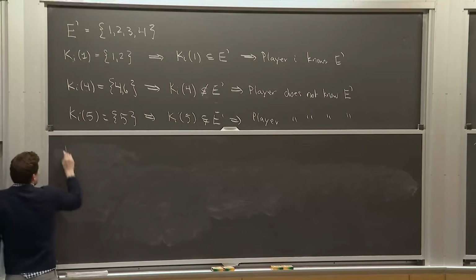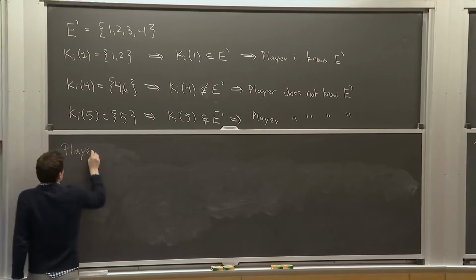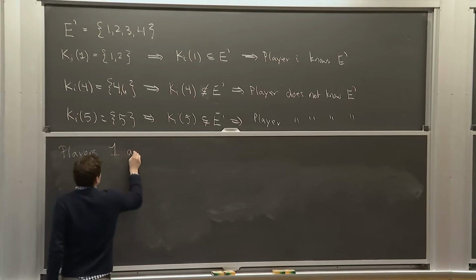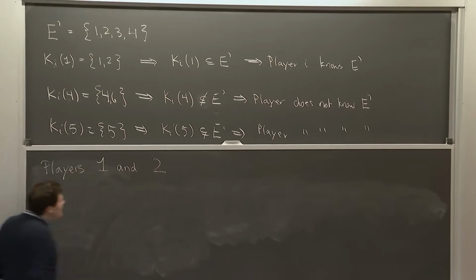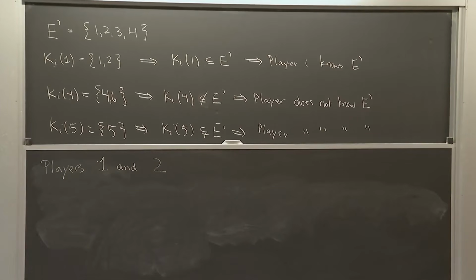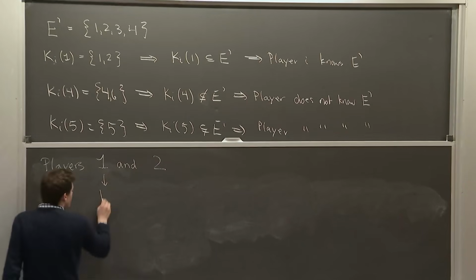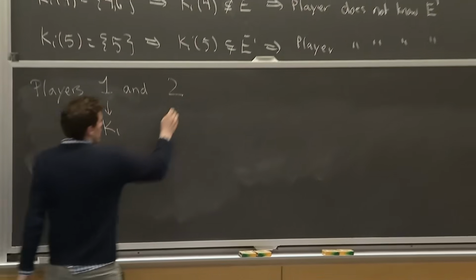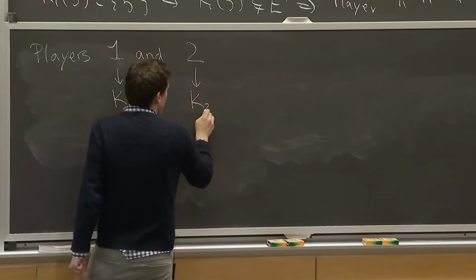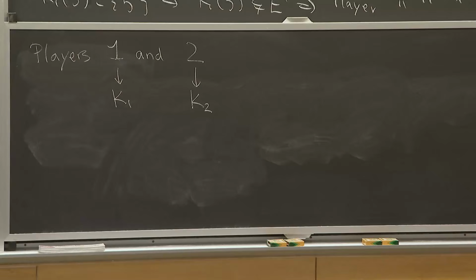So now let's consider we have two players. We have players 1 and 2. And each player may know different things about the state. And therefore, each player is going to have their own information partition. So player 1 is going to have their information partition K1. And player 2 is going to have their information partition K2.